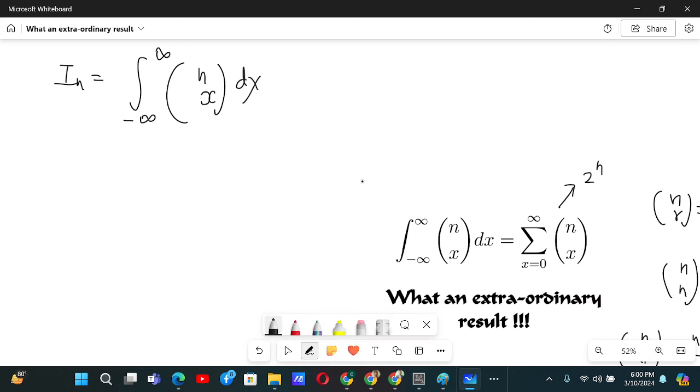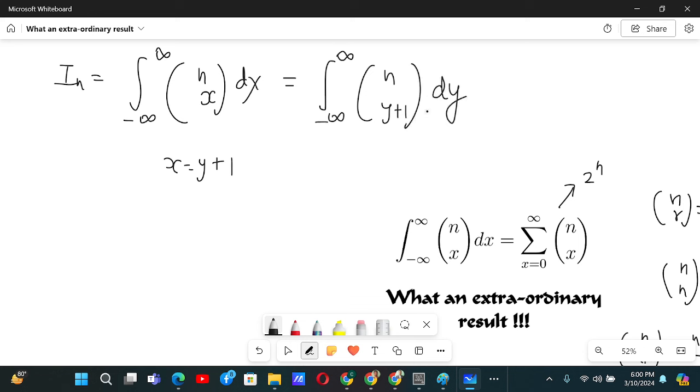Okay. Now what can we do after this? Now what I can do is, if I let x be y plus 1, the integral still remains unchanged. So basically we will have the integral from minus infinity to infinity of n choose y plus 1, and still there will be dy.